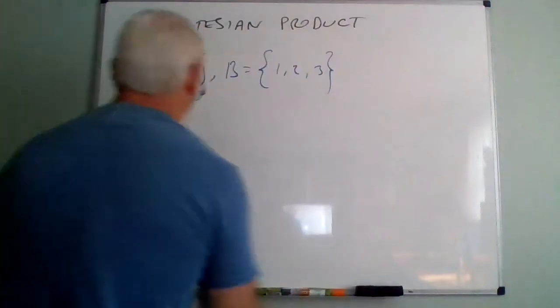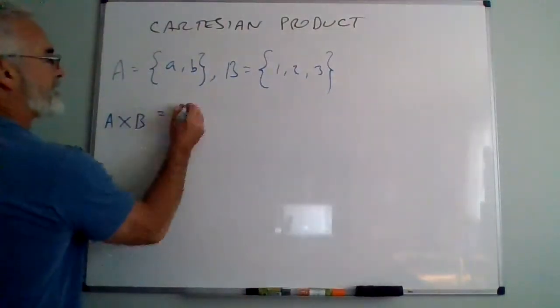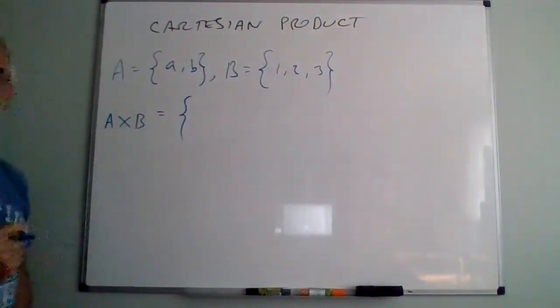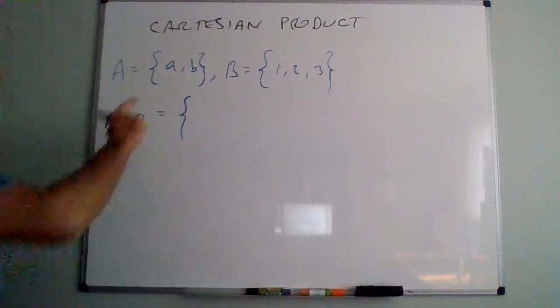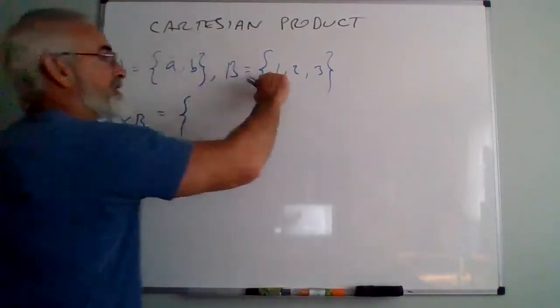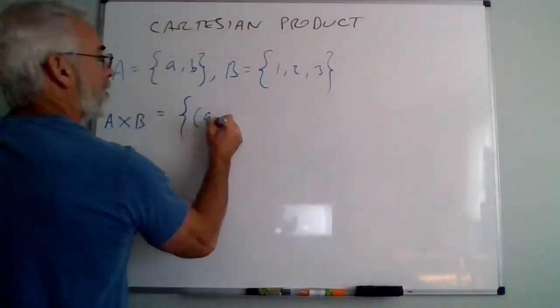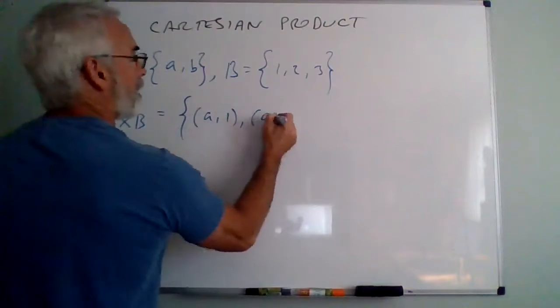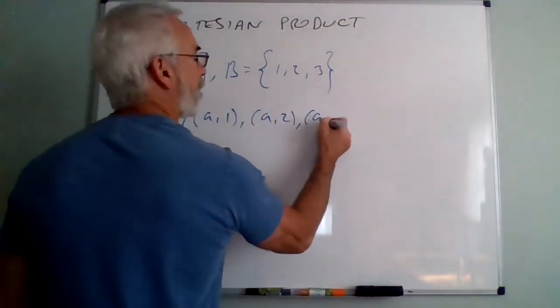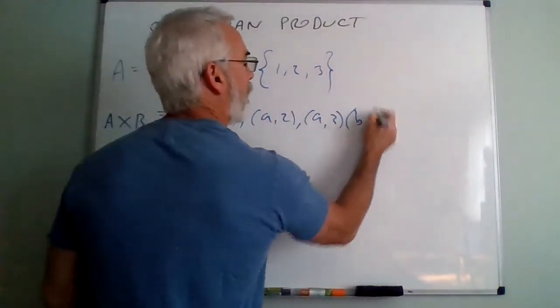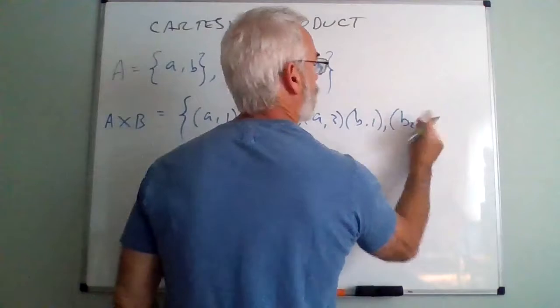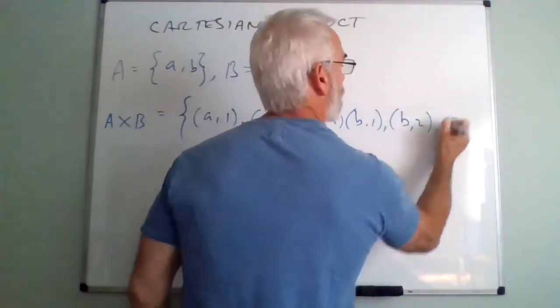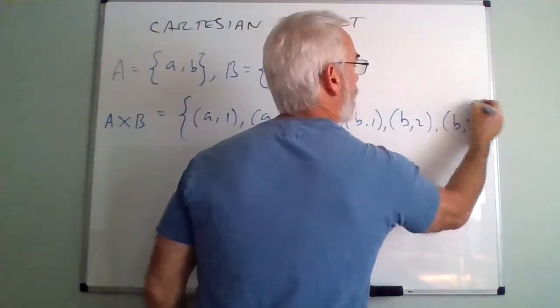So what I would get in this case is the set of ordered pairs where the first element of the ordered pair comes from A, the second comes from B. So (A,1), (A,2), (A,3), (B,1), (B,2), oops, (B,3).